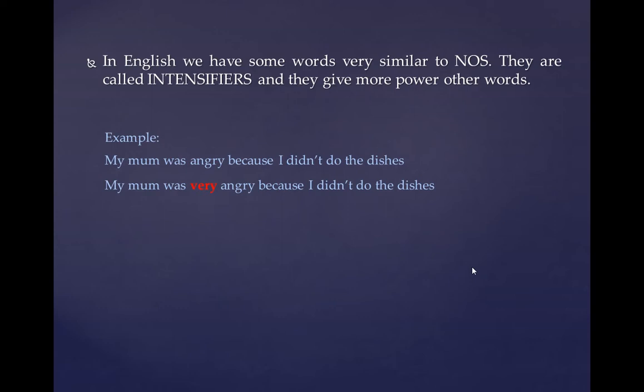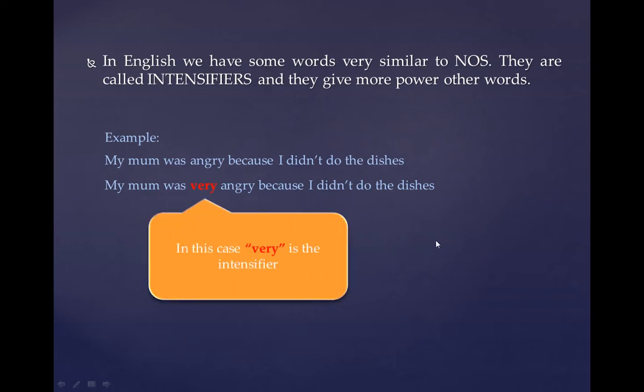But when we use the intensifier, we have the following sentence. My mom was very angry because I didn't do the dishes. The second sentence has more power than the previous one because of the word very, which is the intensifier. In this case, very is the intensifier.